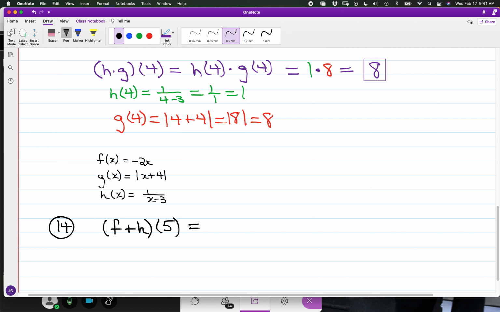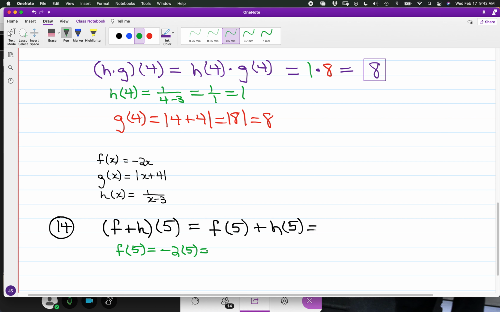Once we expand, this translates to f of 5 plus h of 5, and we can just arrive at the specific values. f of 5 is equal to negative 2 times 5, and negative 2 times 5 becomes negative 10.